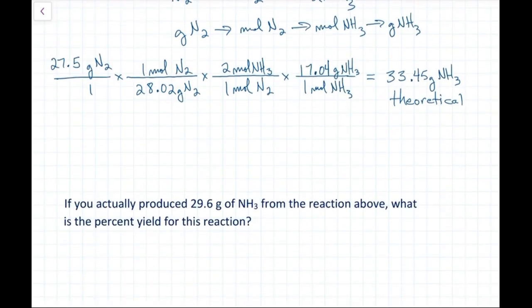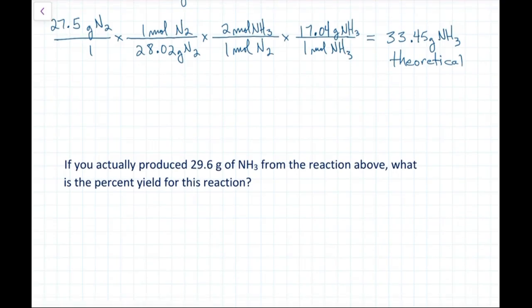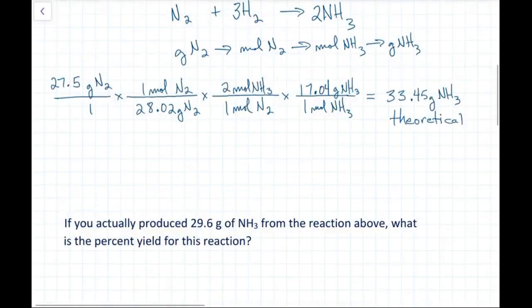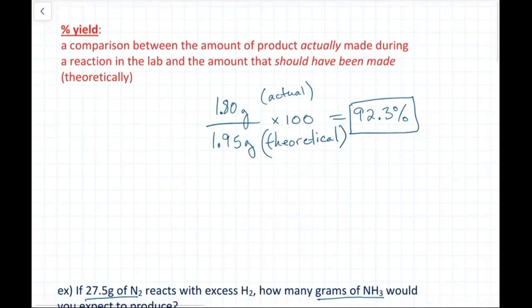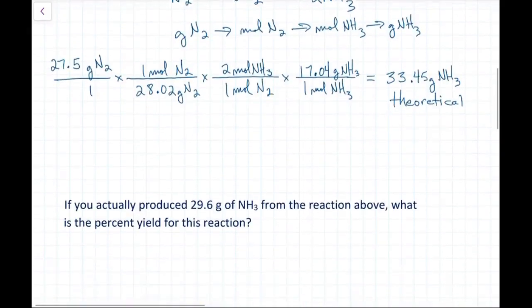It says if you actually produced 29.6 grams of NH3 from this reaction, what's the percent yield for the reaction? So it's just a matter of doing what we did up above, which was to divide the actual by the theoretical.